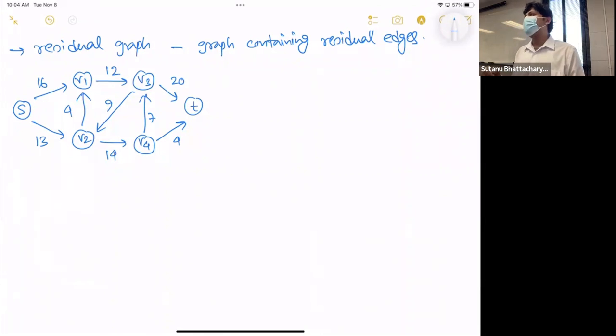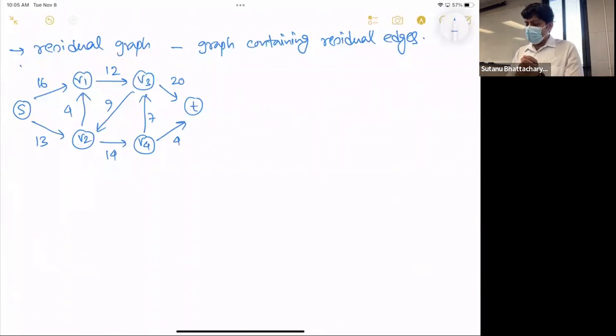Because I have to draw it 10 times now. So if I can copy paste, then it would make things easier. Okay. So this is the graph which is given.